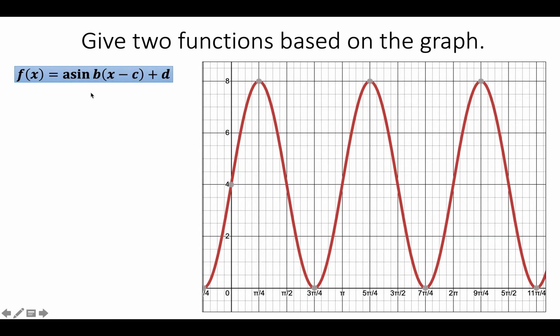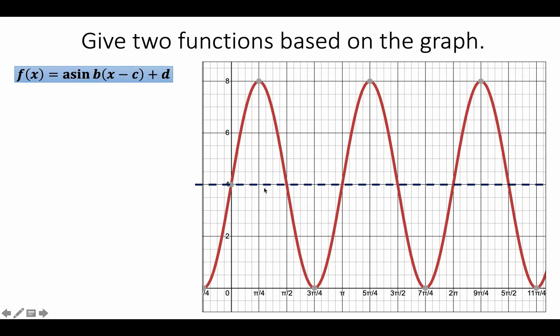Okay. So what we will do first is to identify the center of our graph. That's going to be at 4. So from there, we will now be able to find the amplitude. The amplitude is from the center to the peak of the graph, or from the center to the bottom of the graph.